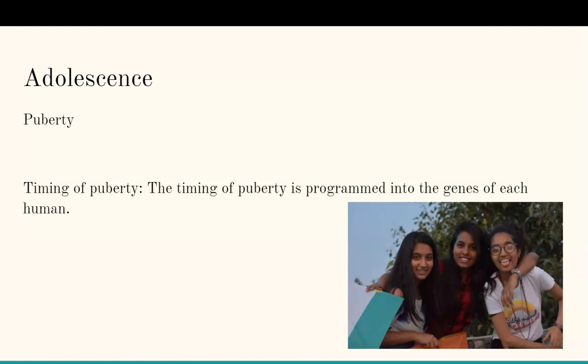So that's why you see different timings for everyone. When we talk about puberty, it's about age 11 to age 16, depending on if you're talking about boys or girls. But there's even some variety within boys and girls because it really depends on how your genes are programmed to turn puberty on when it is time.